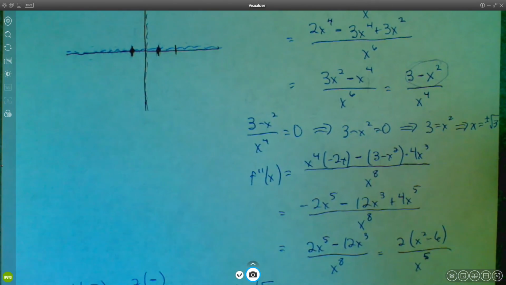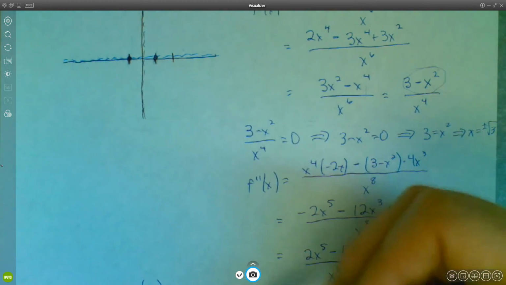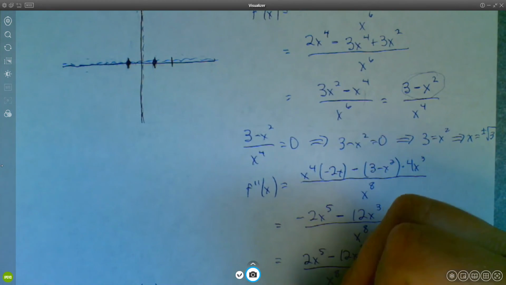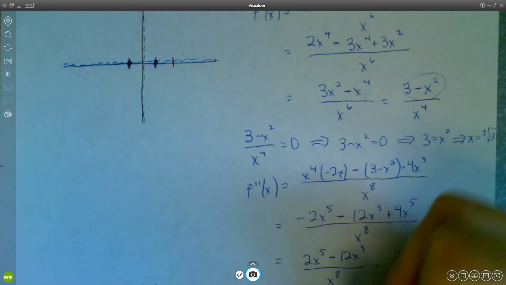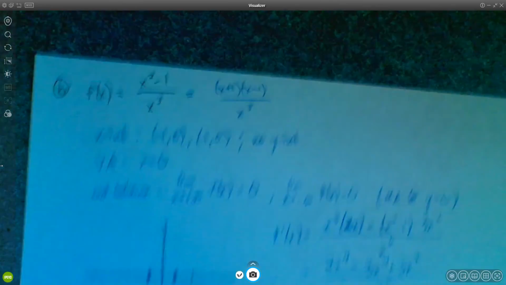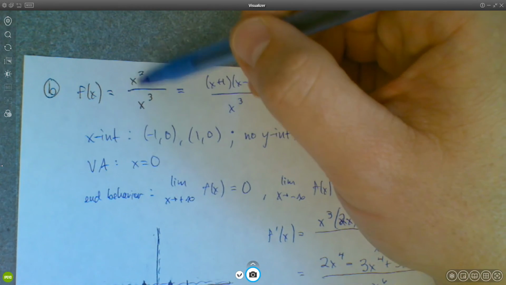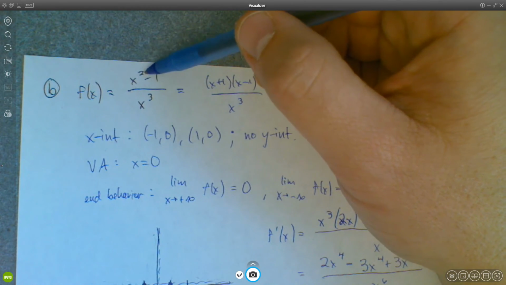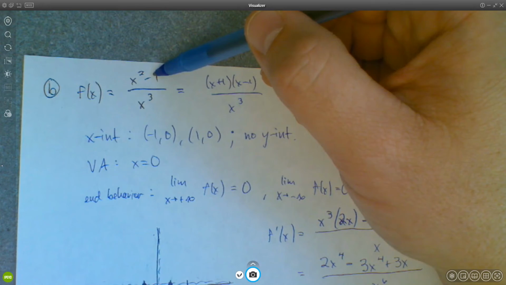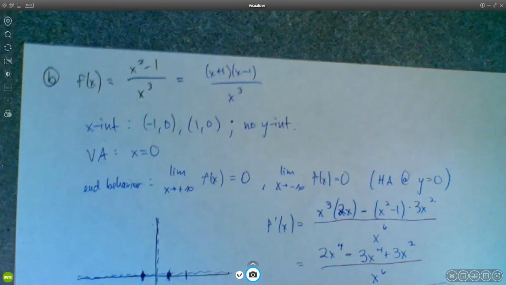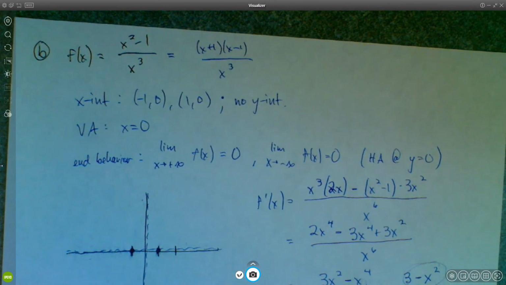And maybe I can get the y coordinate. So to get the y coordinate, I plug that into the original function, right? So if I plug in square root of 3 to the original function, that's going to be 3 minus 1, which is 2, divided by square root of 3 cubed.